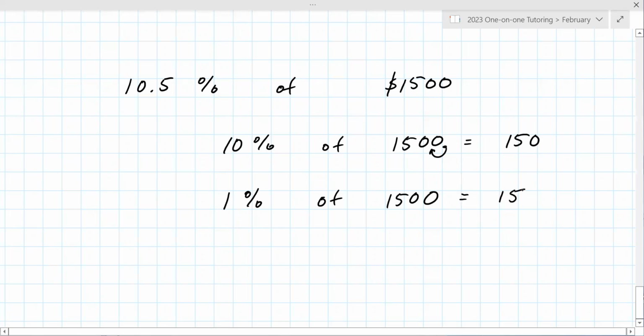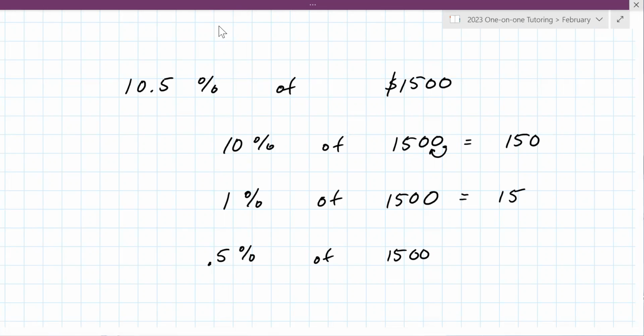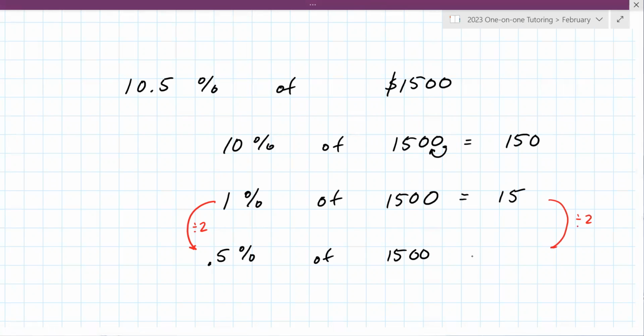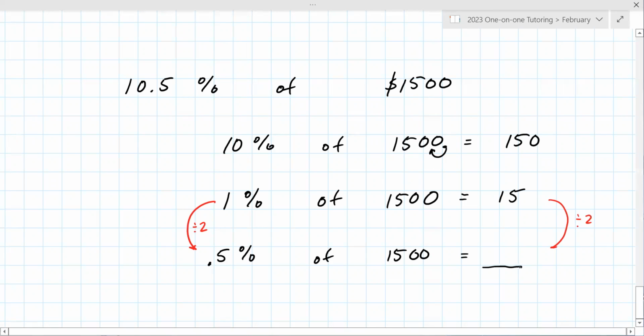Very good. Now this one's a little awkward, but 0.5% of 1,500. So 0.5% is half. It's half of 1%. Do you see that? Yes. Oh yeah, because 0.5 plus 0.5 is 1. Okay. Exactly. So what's half of 15?